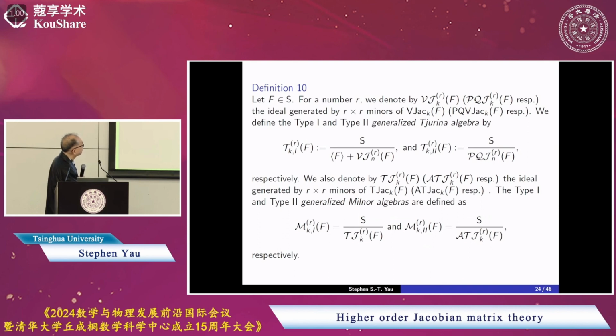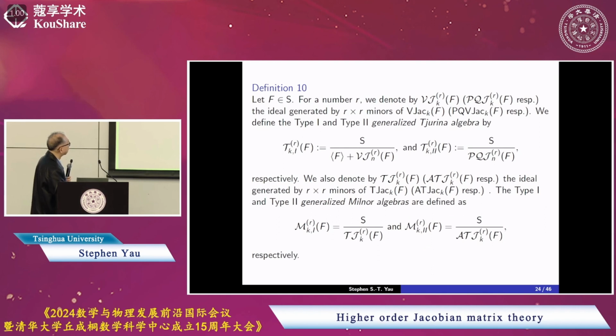Similarly, instead of the vector Jacobian matrix, you can consider the P quasi vector Jacobian matrix. You take the R by R minors and do the same thing.